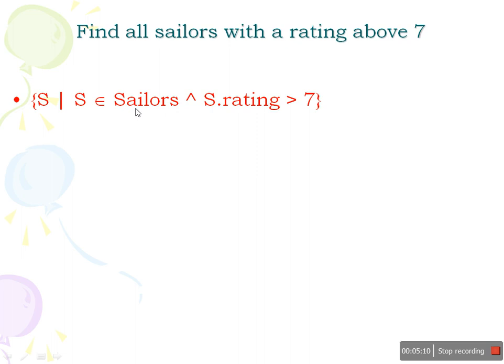Whatever tuples are there in Sailors will be copied to this capital S. Now you will have a list of records, or a list of tuples, and each tuple we will compare with this condition.